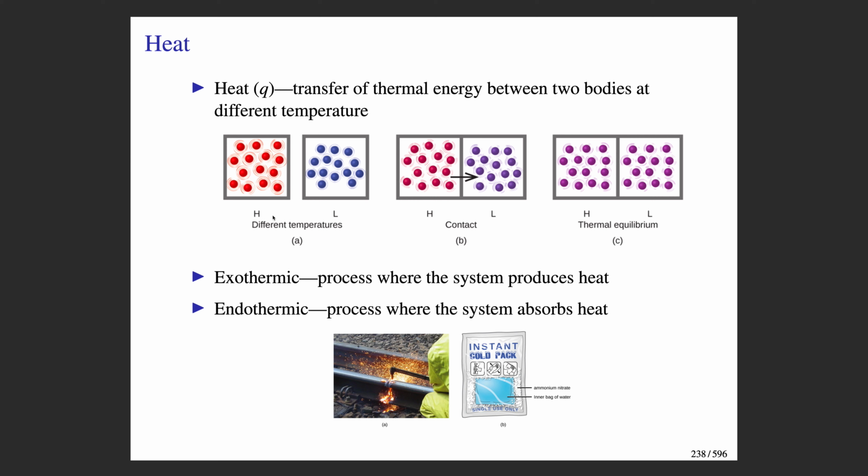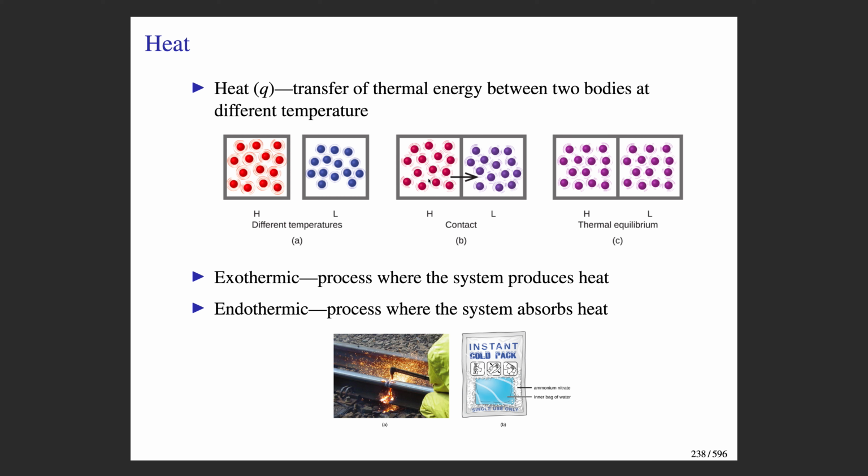And so if you have two objects that are at different temperatures, one has a larger thermal energy than the other, so the molecules within the hot object are moving faster, on average, than the molecules in the cold object. And if you bring these two objects into thermal contact, what will happen over time is that thermal energy will leave the hot object and be transferred to the cold object.